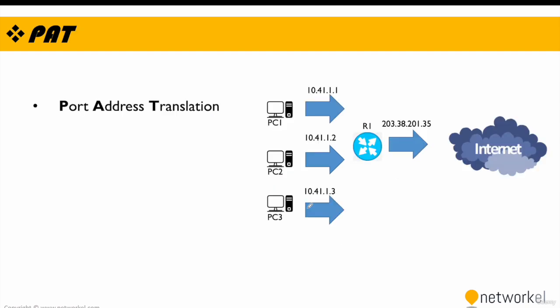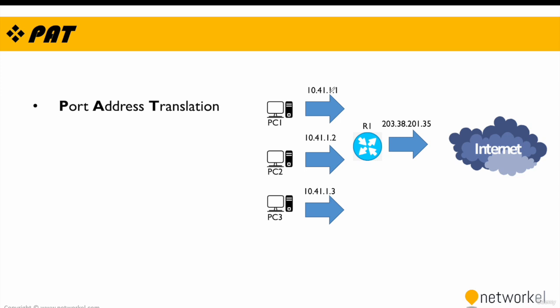And we have the PAT option. In PAT, each private address is translated to a single or just a few public IPv4 addresses, and port numbers are used for choosing the right internal device when the packet is coming back.